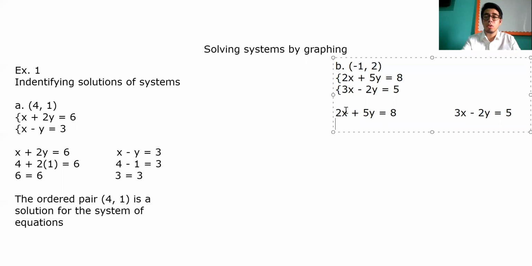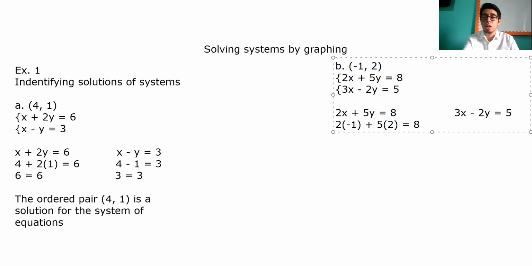Then what are we going to do? Replace only the value for the variable. For example, in the first one it is 2 multiplied by -1 plus the value of y multiplied by the number 5, 5 times 2. This has to be equal to 8. If this statement is true, this has to be equal to 8.